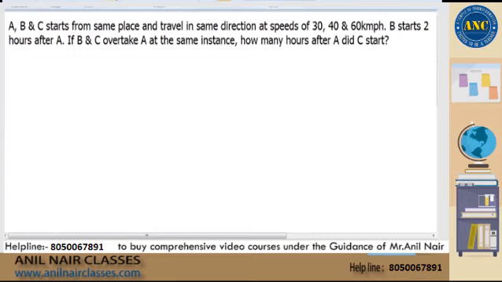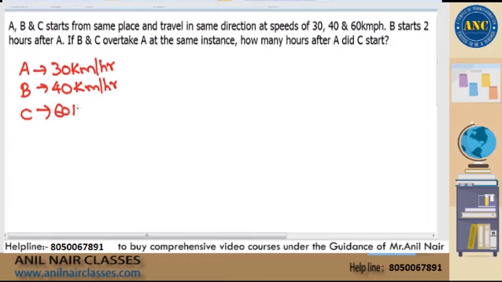Suppose for example, A, B and C start from same place and travel in same direction at the speeds of 30, 40 and 60 kilometers per hour. This is the first statement.